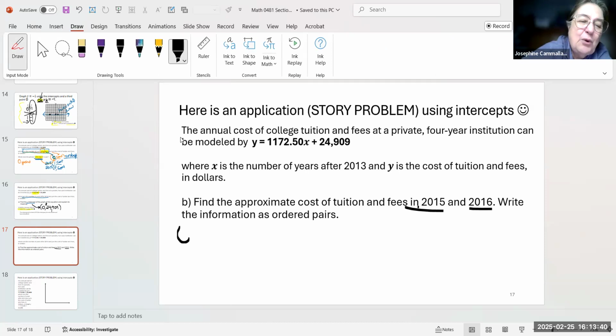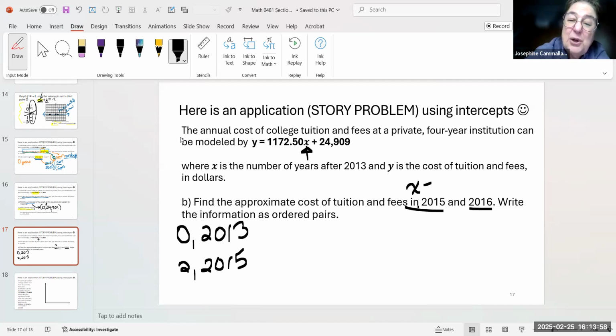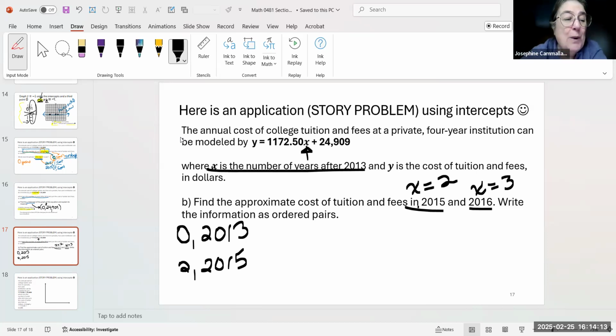If my 0 year was 2013, my 2015 year has the number 2 for X. This X will be 2. You're not putting in the year 2015 because of this phrase. And that means my X will be 3 when I do 2016.